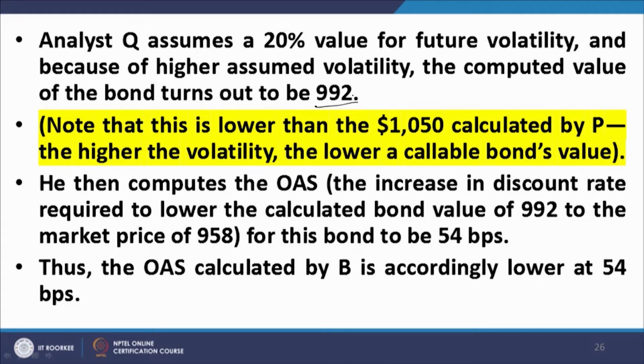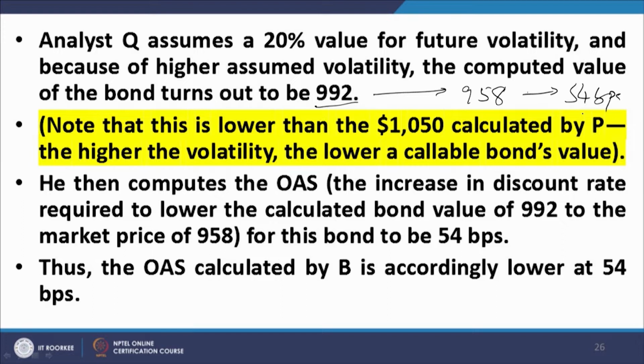So, now what happens? If I try to work out that add on figure to bring this 992 back to 958, it will be lower than the 80 basis points that I computed earlier. Let us say it is 54 basis points. So, the option adjusted spread has reduced from 80 basis points to 50 basis points.